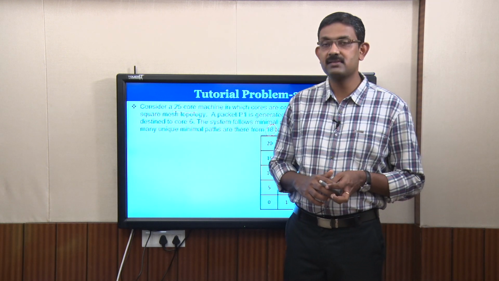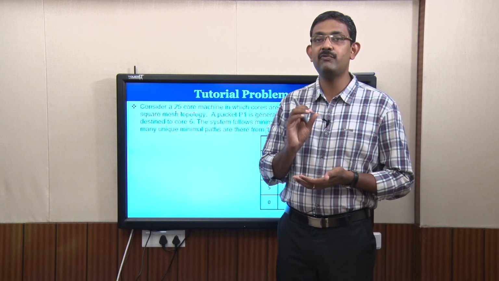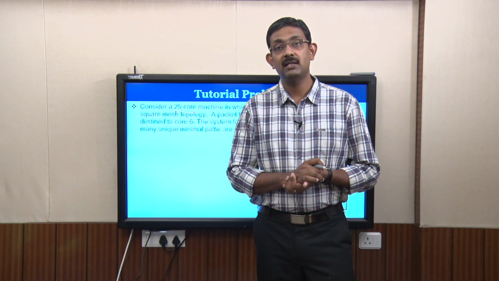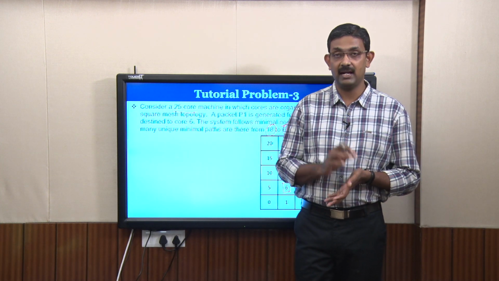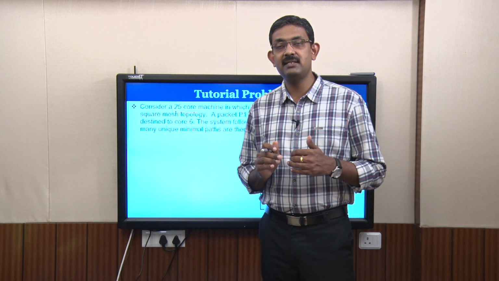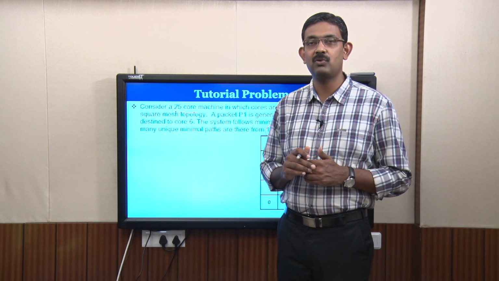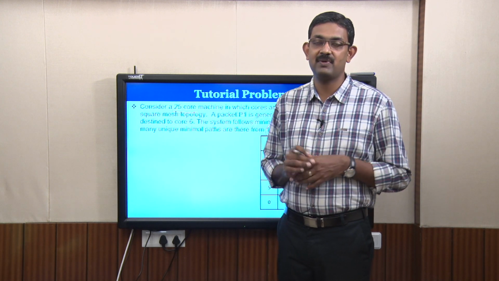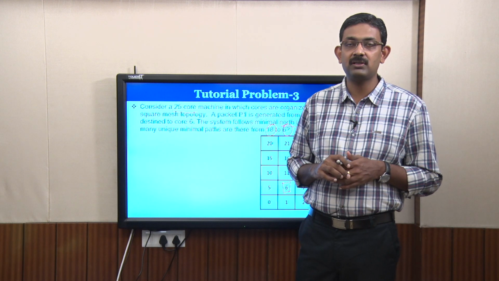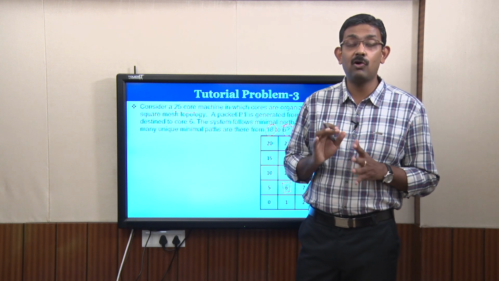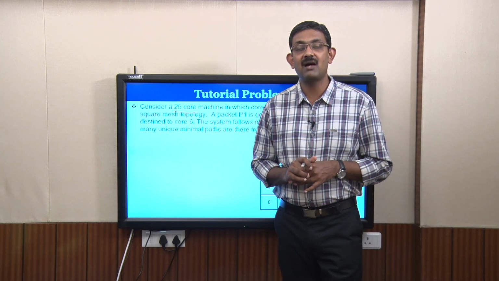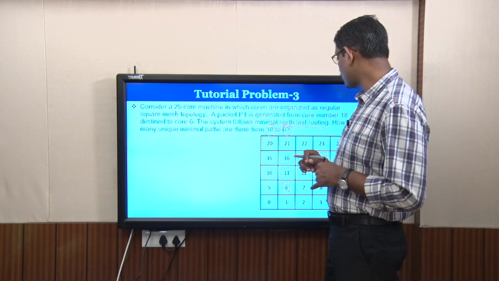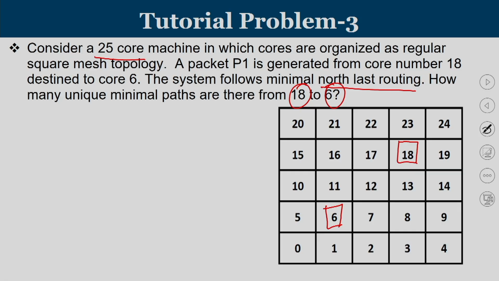If at all we have to travel north, then that should be done at the end. Since our destination is on the south of the source router, there is no restriction that applies, because nowhere are we travelling north, and in north last routing the restriction applies only to travelling in the north direction. So, we have many paths that exist. Let us try to find out.